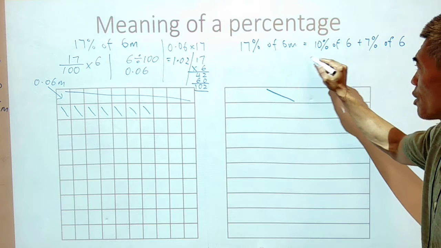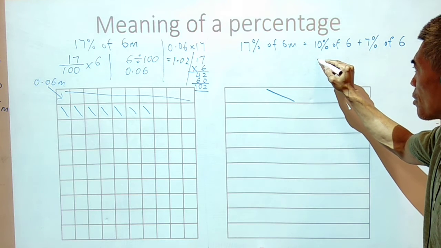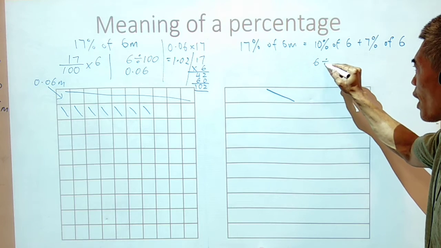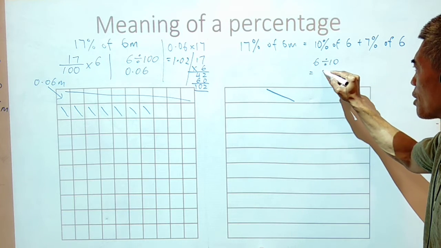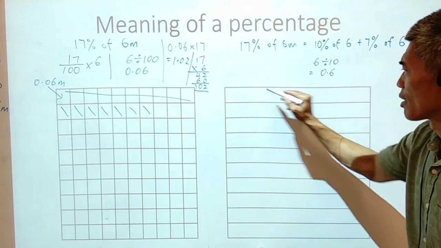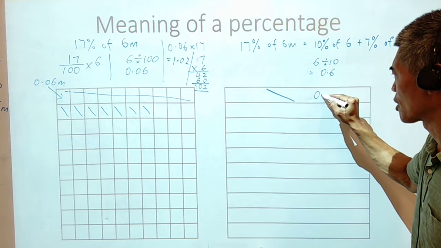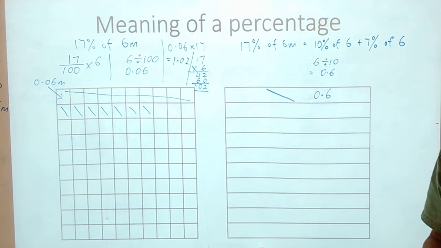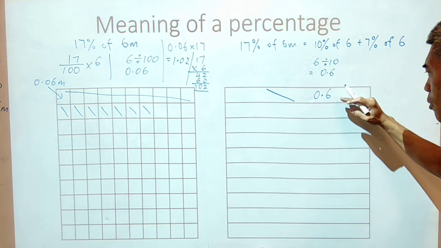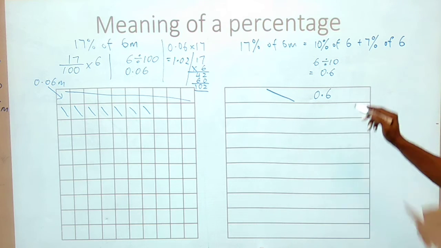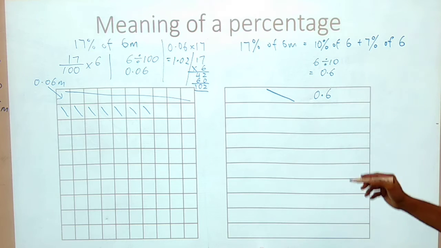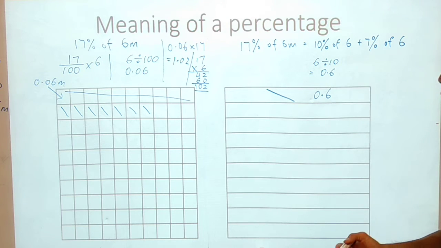And so if we take 6 divided by 10, we get 0.6. So we know that there is 0.6 in each of these 1/10 strips over here. Now, if we want to calculate 7%, we find out what 1% is.